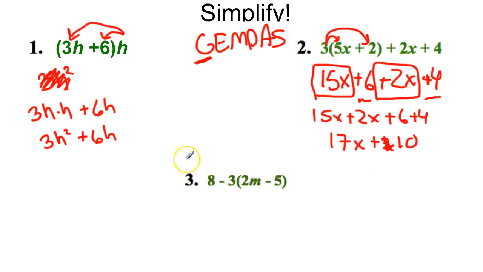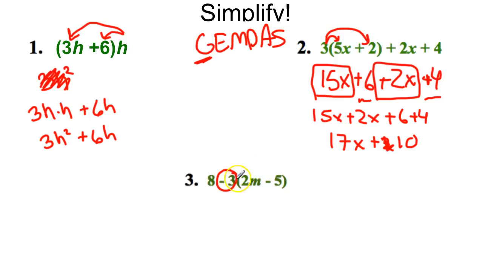So this one, it looks a little different, right? We have 8 minus 3, that's not in parentheses, and then 2m minus 5. So I start off, I'm gonna do the distributive property because I can't combine these in the parentheses. So the tricky part right here is minus 3, right? This is a negative number.